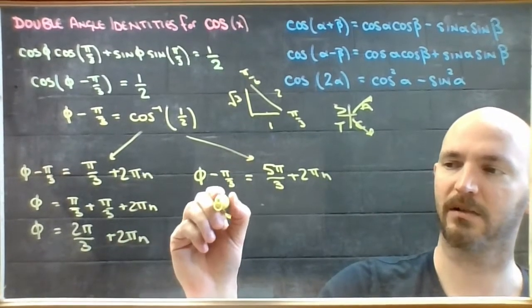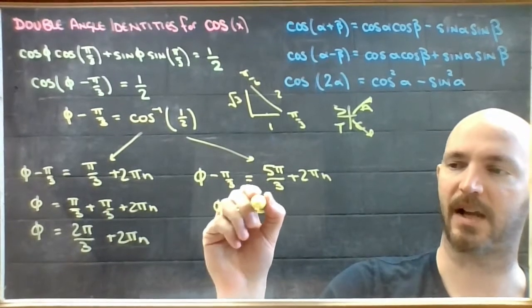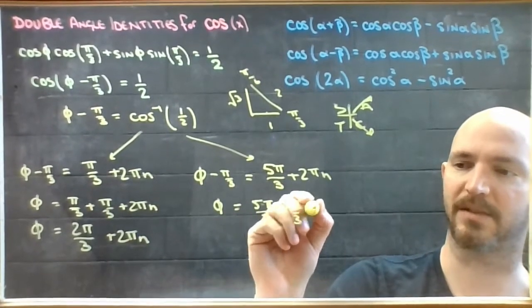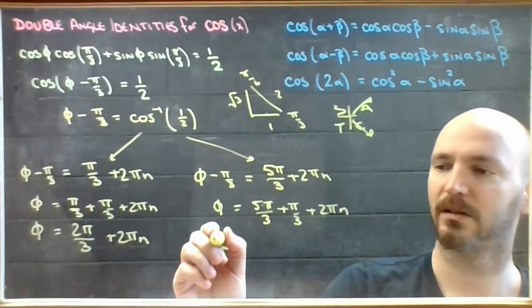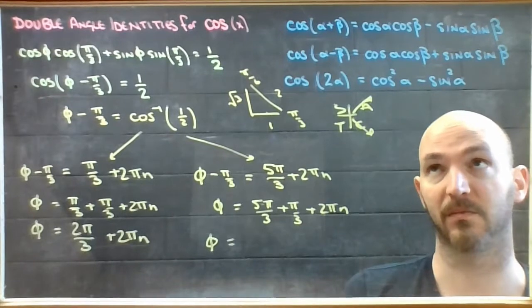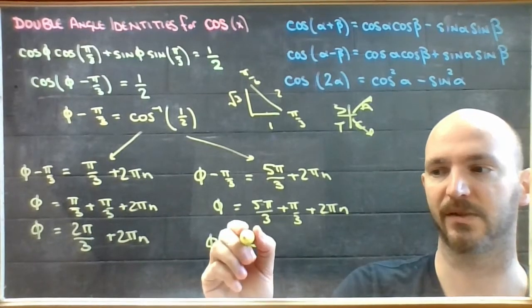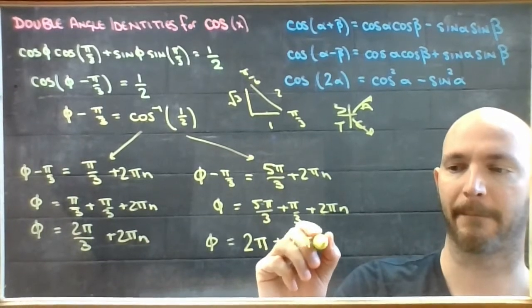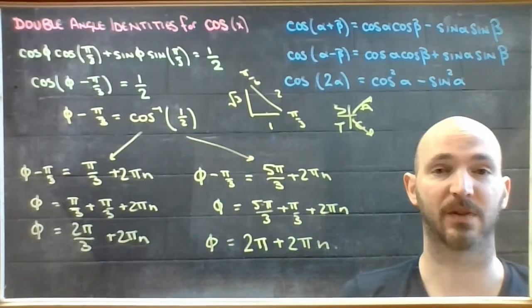And over here, phi would be 5 pi over 3 plus a pi over 3 plus 2 pi n. And 5 of them plus one more would be 6 of them. And 6 pi's over 3 is just 2 pi. That's 2 pi n. So again, very similar to the sine questions.